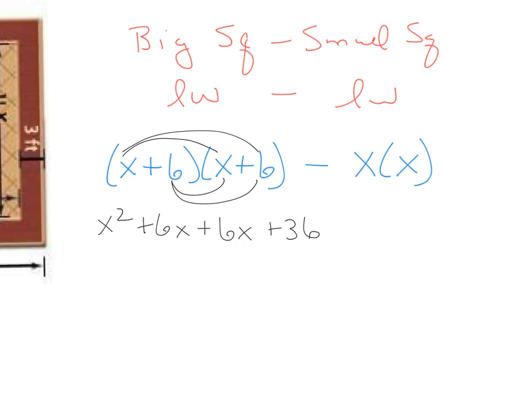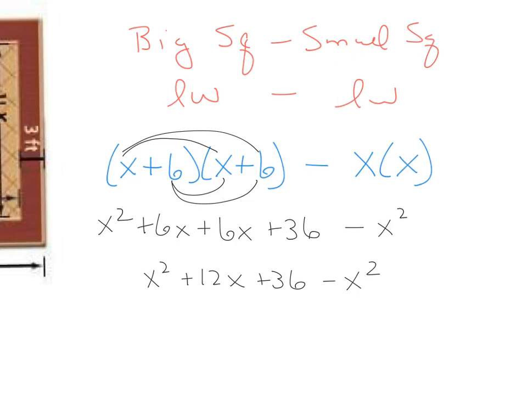So go ahead and combine like terms. So x squared plus 12x plus 36. So there's my big square. Now I'm going to go ahead and subtract off my small square. So x and x would be x squared. Remember, we add the exponents side by side. You only change exponents when you multiply. So now I have a minus x squared.